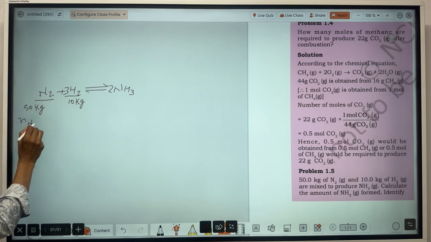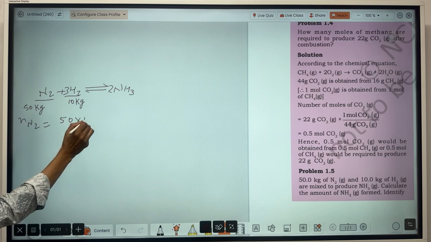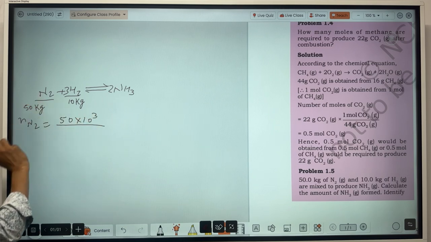The number of moles of nitrogen will be 50 kg, that is 50 times 10 to the power 3 grams, divided by 28. So there are two ways: either you first calculate the number of moles and establish a relationship between the number of moles, or you establish a relationship in terms of weight.